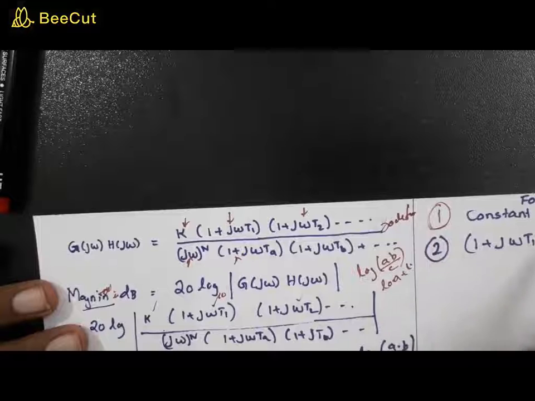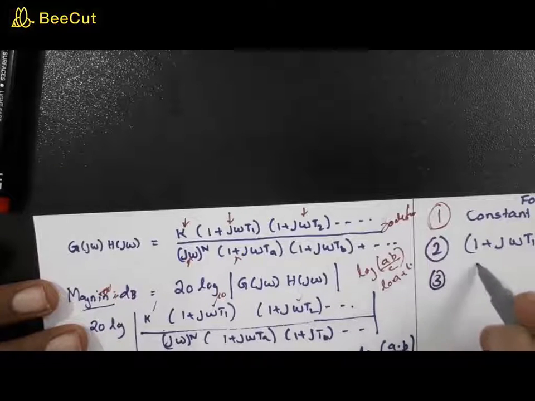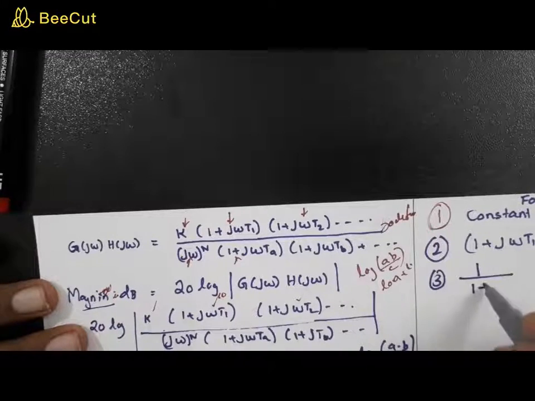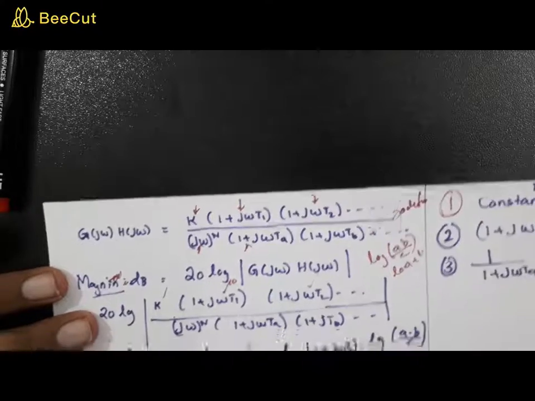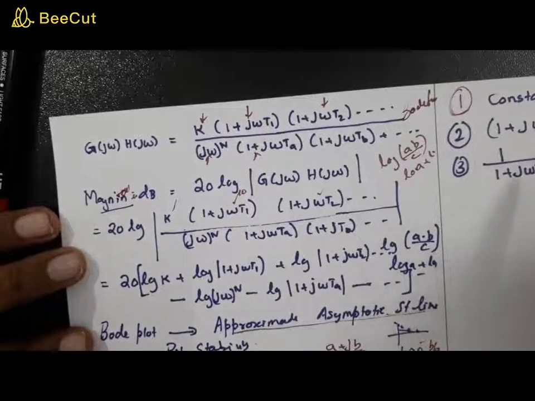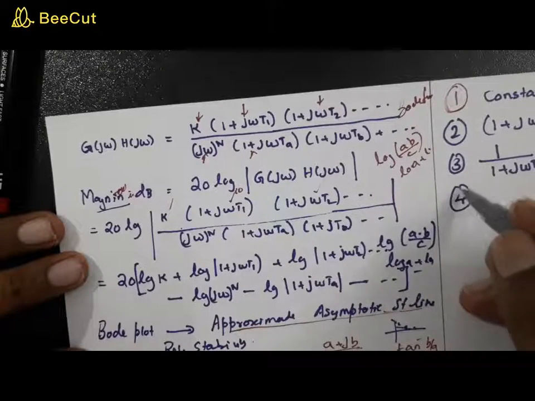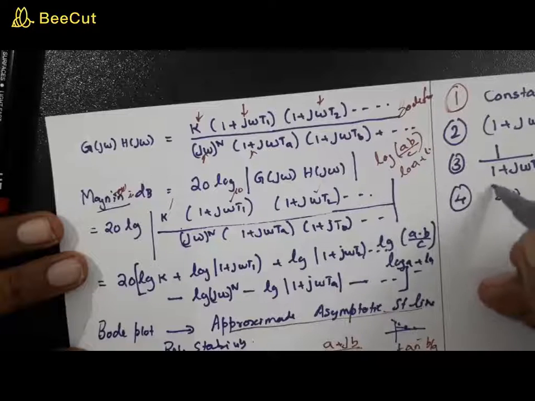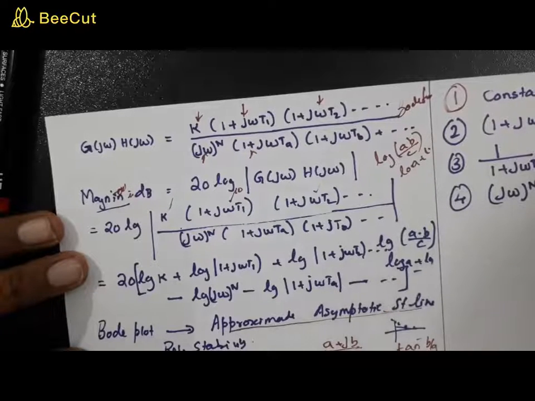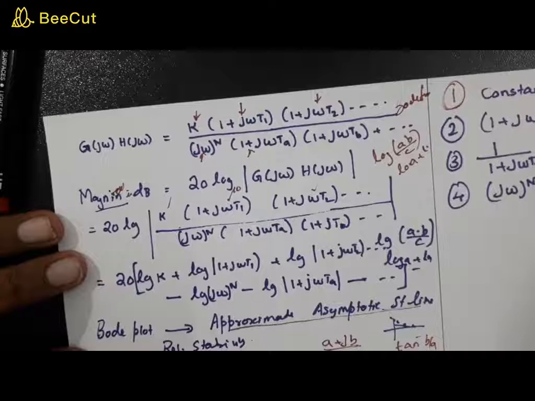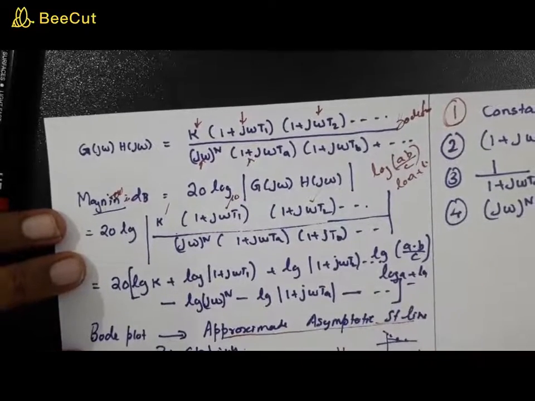Another form is 1 by (1 plus jωTa). And another type of term is (jω) raised to n. So these are the four different terms that you can find in an open loop sinusoidal transfer function, or to be precise, in the Bode form of the transfer function.